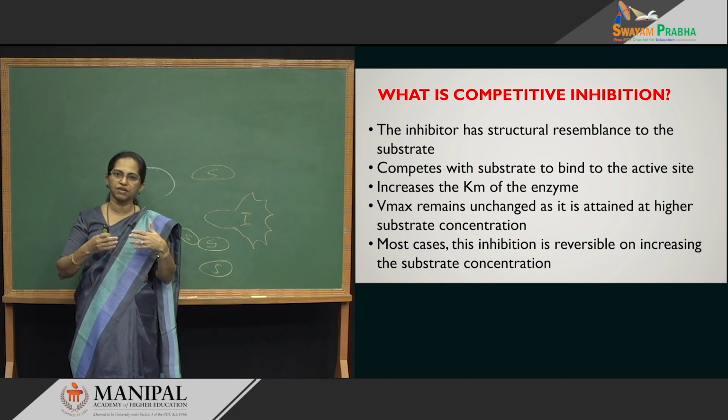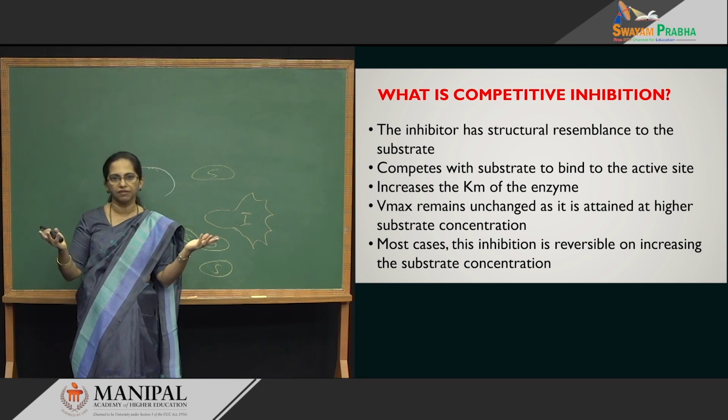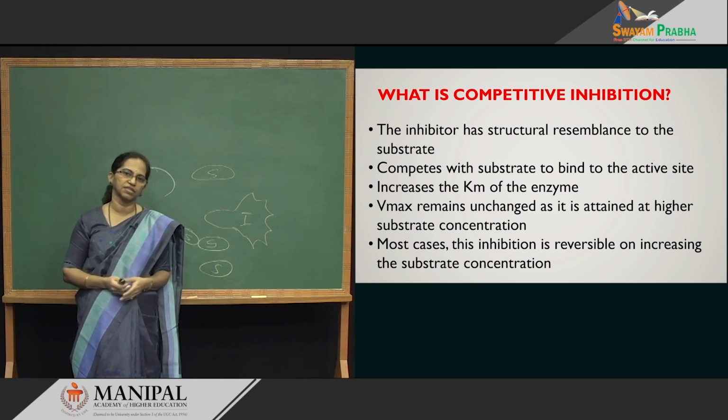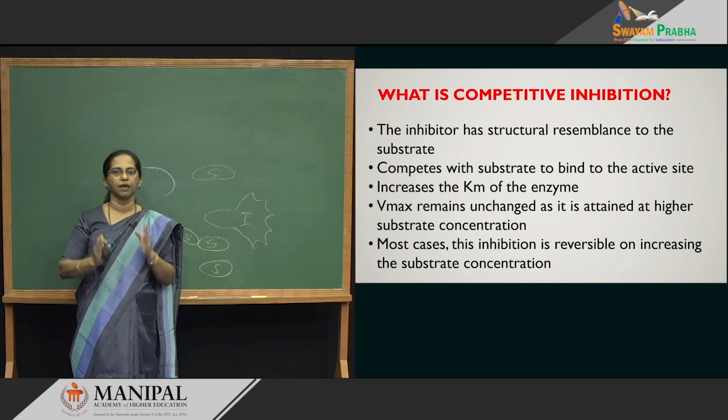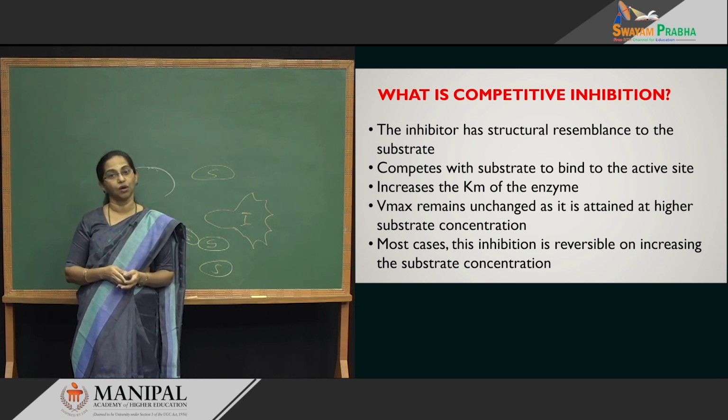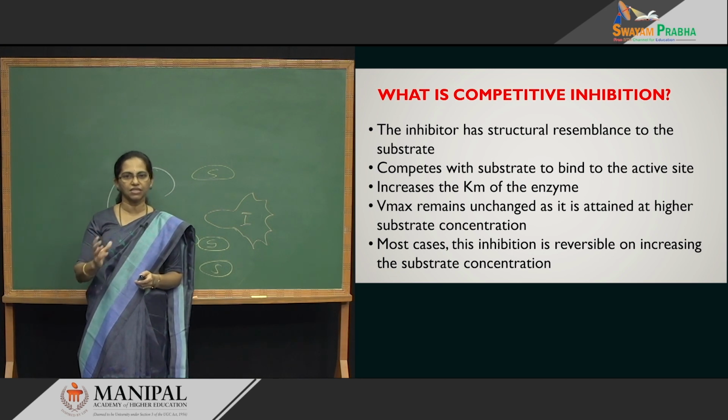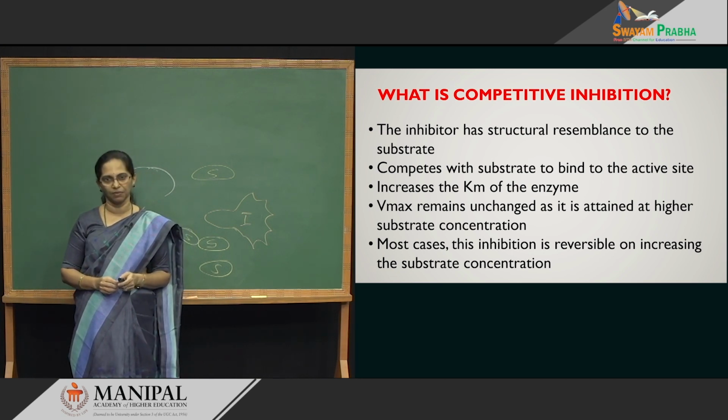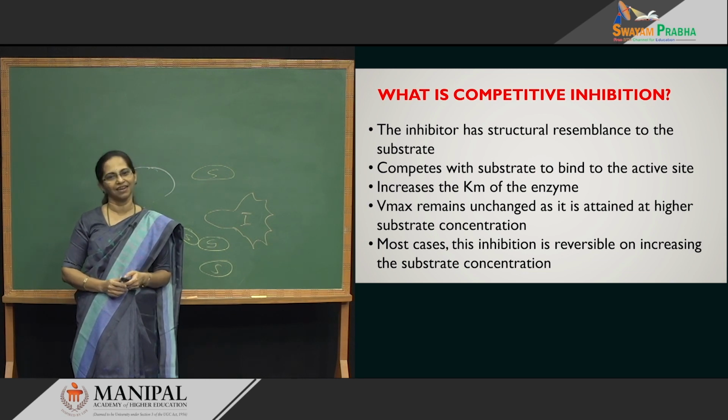You add more substrates, it will knock out the inhibitor from the active site and the process continues. So, please remember competitive type of enzyme inhibition is reversible. How do you reverse it? Add more substrate, fine. So, with this knowledge of competitive inhibition, we proceed to understand its application in healthcare.